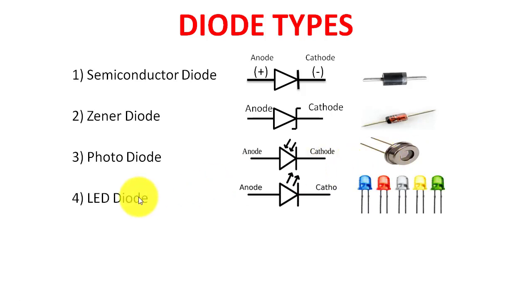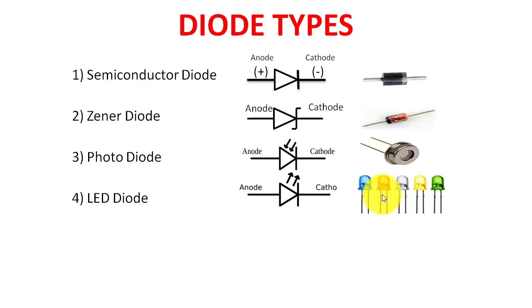Then we can also see the LED diode. This is the anode and this is the cathode, and the arrow points upward. On boards we can see it in laptops, desktops, printers, LED TVs, as the power light or any type of light.